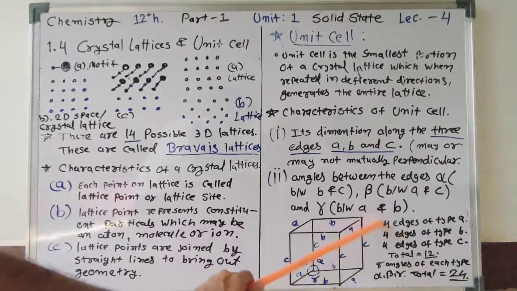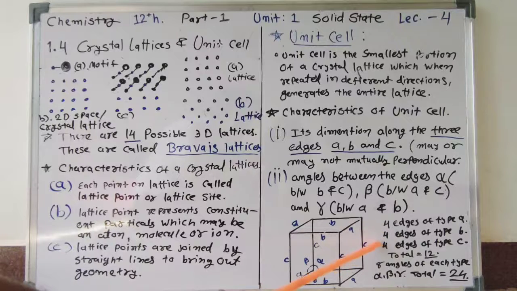That means we have 4 edges of type a, 4 edges of type b and 4 edges of type c, total 12. Similarly, we have 8 angles of each type: alpha, beta and gamma. That means at each corner you get 3 different types of angles, alpha, beta and gamma, and we have a total of 8 corners in this unit cell. So that means 8 of each type, and you get a total of 24 angles.